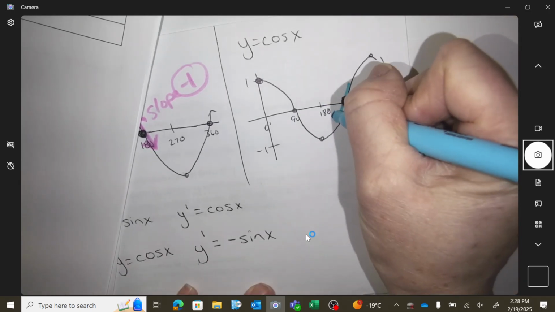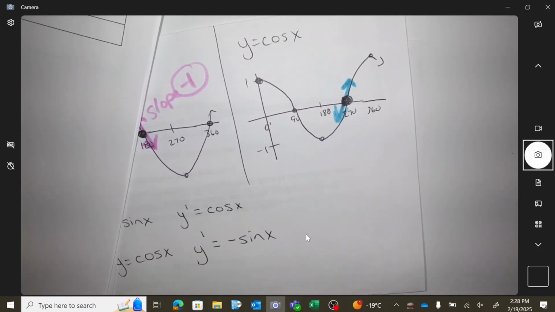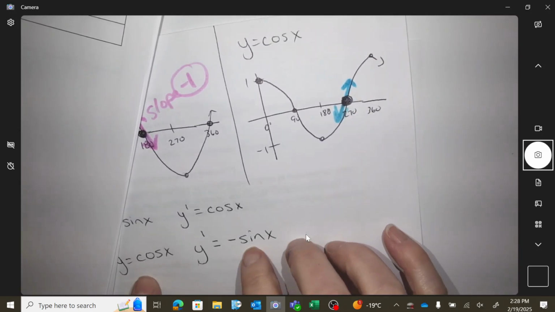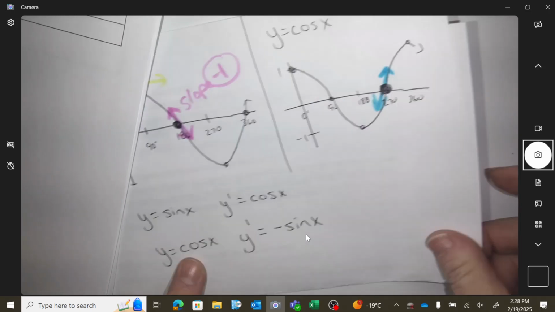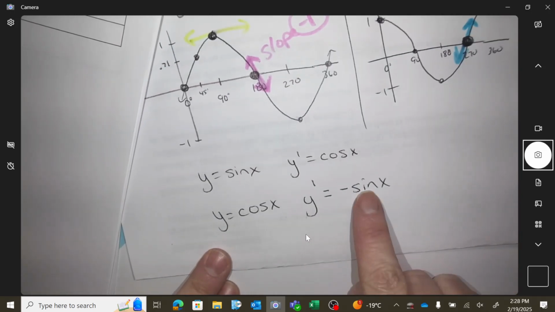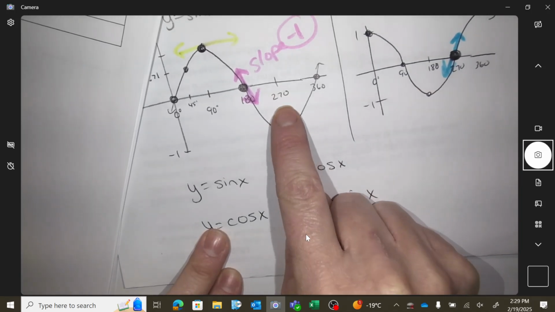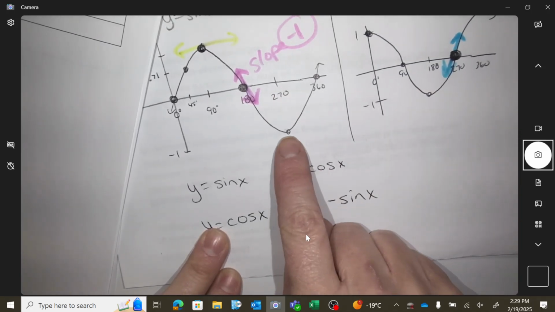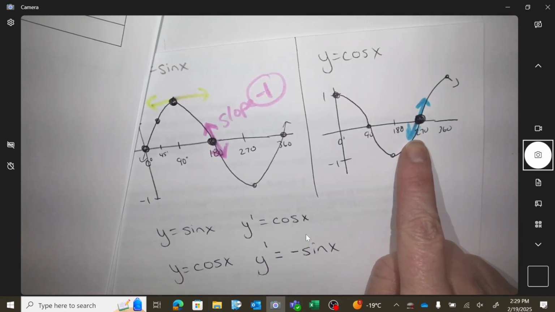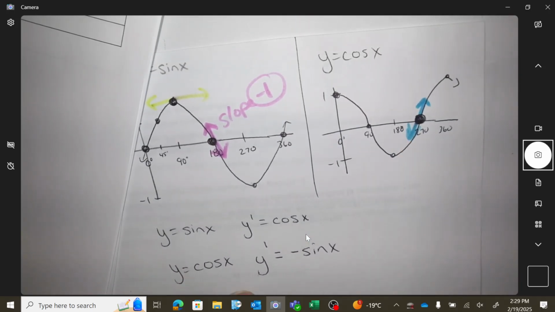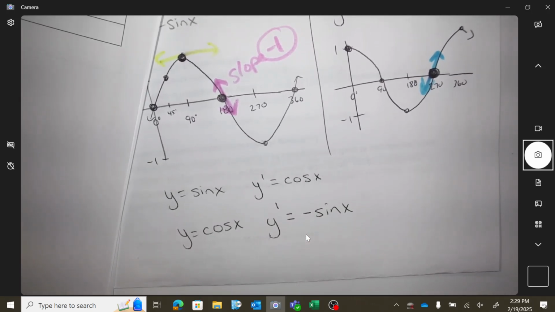If I did a tangent line like that, the slope is +1. Okay, so here's the formula, opposite of the sine. So what is the sine of 270? -1. Does that have a -1 slope? No, it has +1. So that's why there is a negative sign in front.